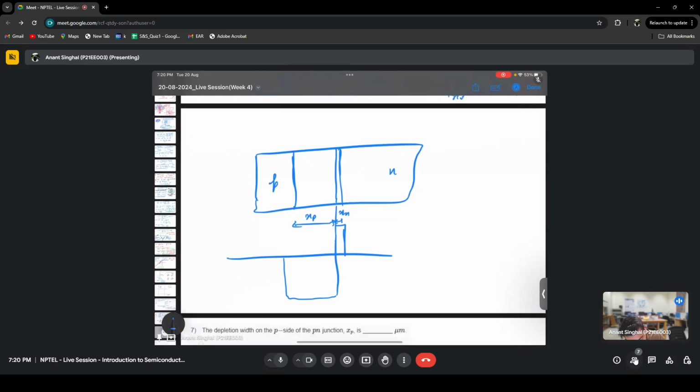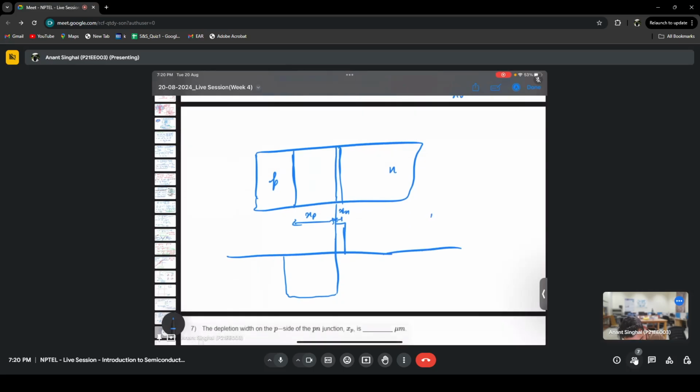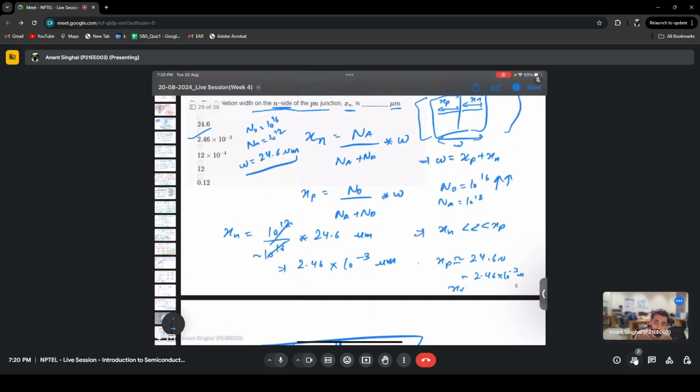This was the charge density, and if I plot the electric field, it will be something like this, which is very close. We have already done these things. So this is QNA, which is total negative, and this is QND. Do you understand what I'm trying to say?